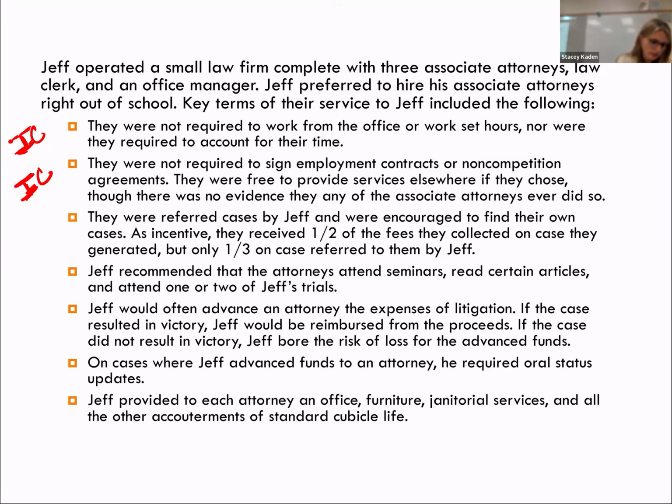They worked for other attorneys. They were referred cases by Jeff and were encouraged to find their own cases. As an incentive, they received half of the fees they collected on cases they generated, but only a third on cases referred to them by Jeff. What do we think?